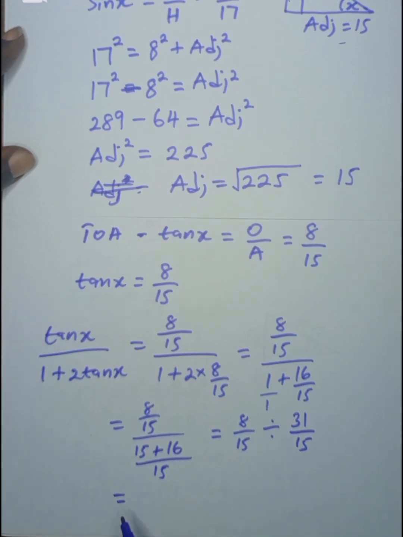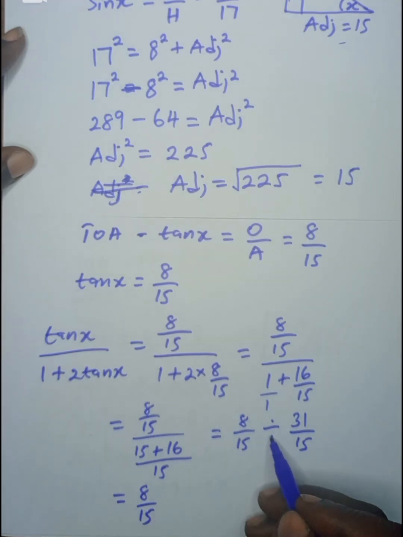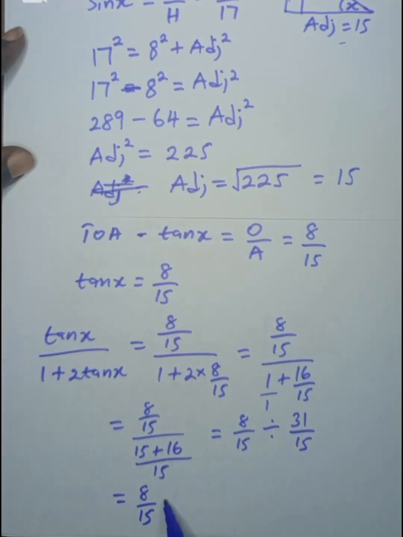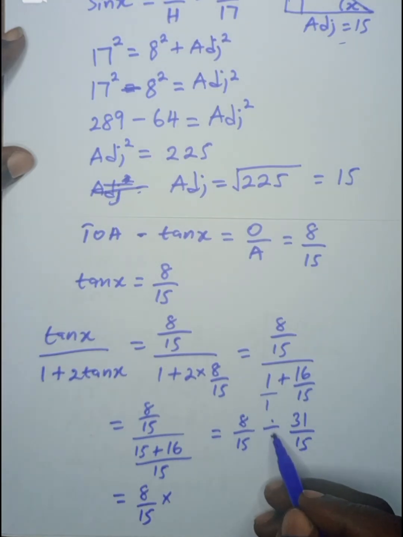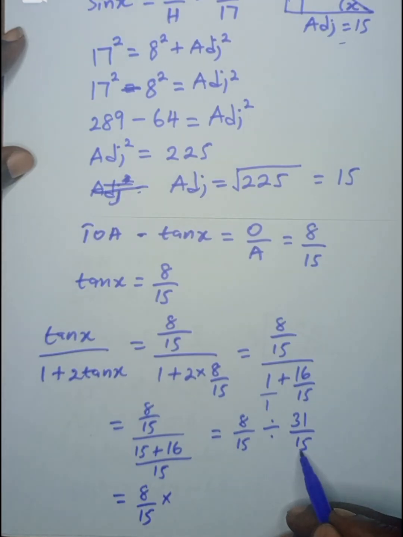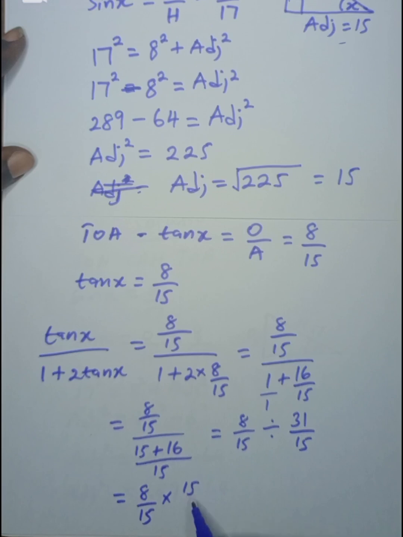Let us continue. So we have 8 over 15. Now let us change this division sign to multiplication, times. And once we turn this division sign to multiplication, we have to find the reciprocal of 31 over 15, which is 15 over 31. So we can see that 15 will cancel itself, 15 will go into 15 1.